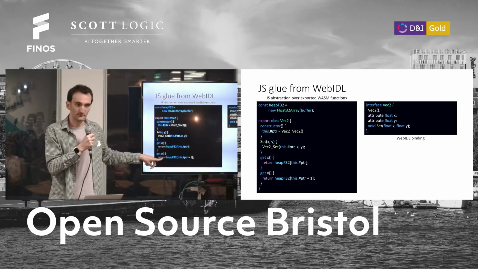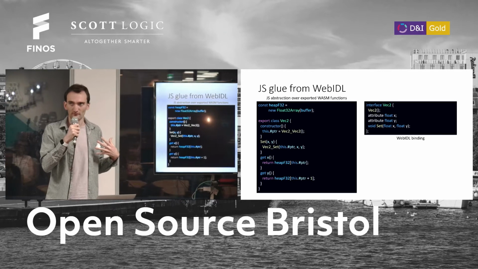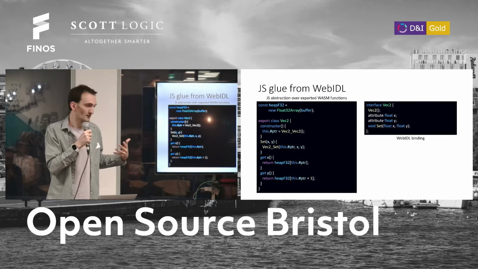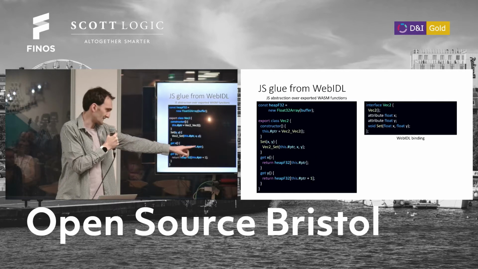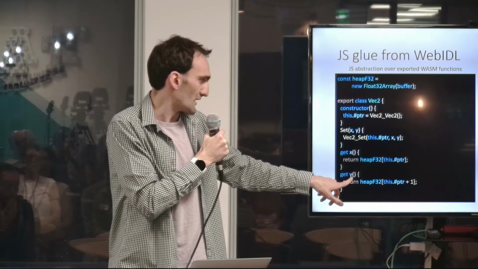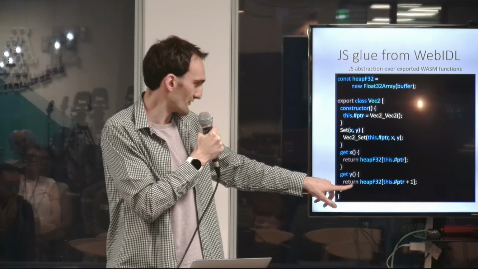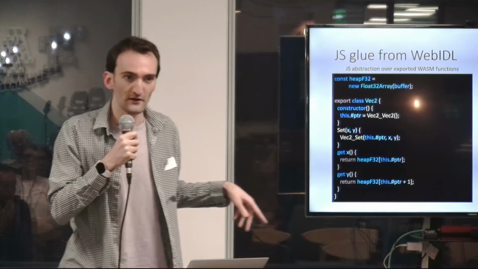The attributes are fun because we don't even need a method at all to look those up on the WebAssembly heap. We can use maths. We can use pointer arithmetic. We can say we know the vector starts at the pointer that we were given, and we know that x is the first floating point number there, and y is the floating point number after it. We just add 1 to the pointer.